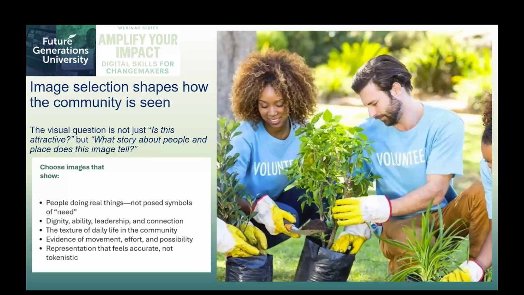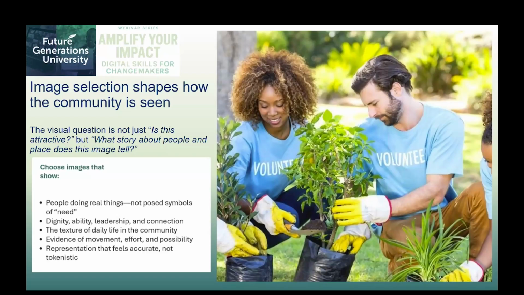So image selection, we hear a lot about this in class. Image selection shapes how the community is seen. Now, when I say image, we all very easily think picture. But a picture isn't the only way that we can have a visualization in a presentation.